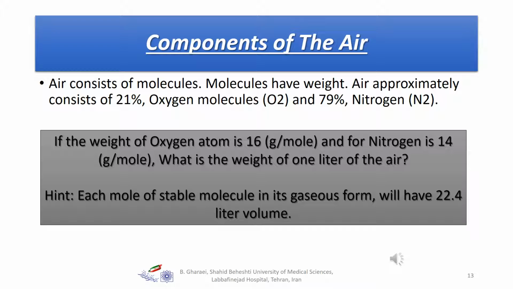There is a clue here. Each mole of a stable molecule in its gaseous form will have 22.4 liter volume. You will have enough time to calculate the weight of 1 liter of air.